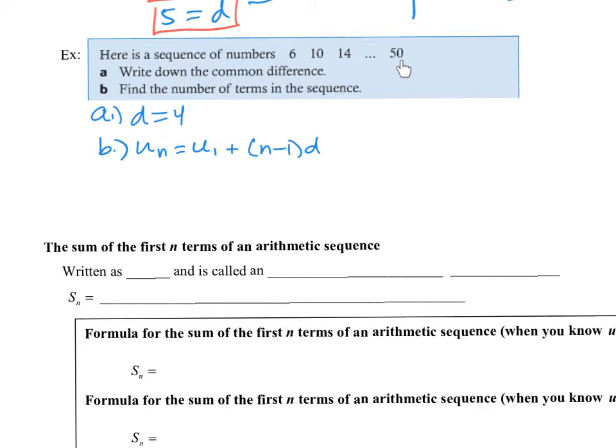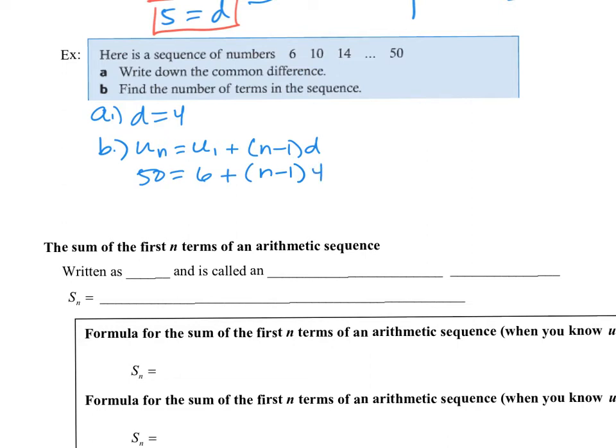We just know that whatever n is, u sub n is 50. So we're going to say that 50 is equal to our first term of 6 plus, remember, n is the number of terms, and we don't know that. That's what we were being asked to find. So we're going to have to leave that variable in our equation. n minus 1 times the common difference we found in part A, which was 4.